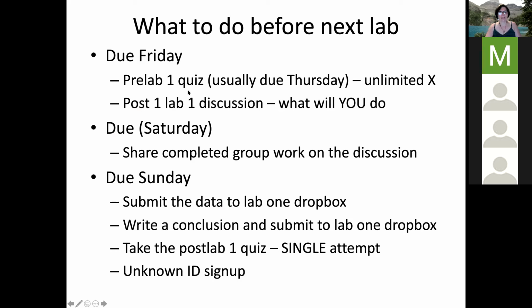So make sure you get that pre-Lab 1 quiz in and that post in the Lab 1 discussion that says, here are the 5 areas I'm going to research for my part 1. Saturday, you want to come back and say, hey, these are the things I found, just so everyone has time to assimilate that information to a shared table. And then by Sunday, you want to submit that table for Lab 1A and table for Lab 1B to the lab Dropbox. You also need to write a conclusion section.